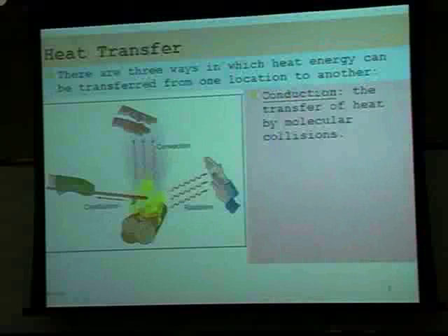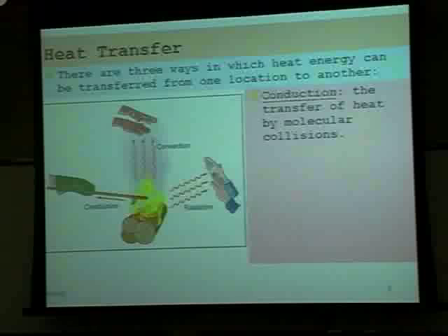One is conduction, which is the actual transfer of heat by molecular collisions from one locality to the next. That would be demonstrated by this, what do you call it, fire iron? Poker. Where the heat transfer is going all along the poker, molecule to molecule.